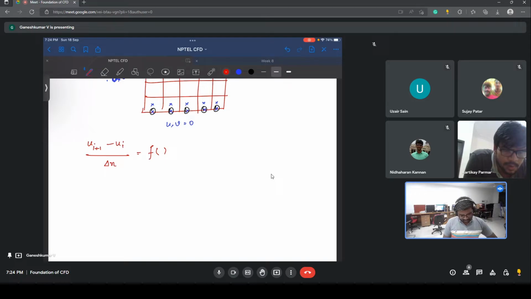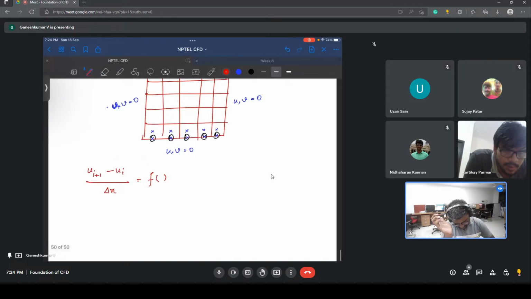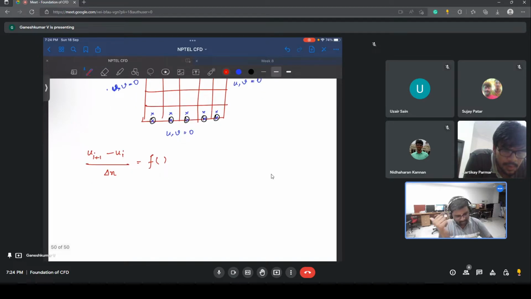Now you will apply this everywhere in the domain, but at the boundary you don't have I plus 1. So let's say for this control volume, let's write it like this: 1, 2, 3, 4 and 5.